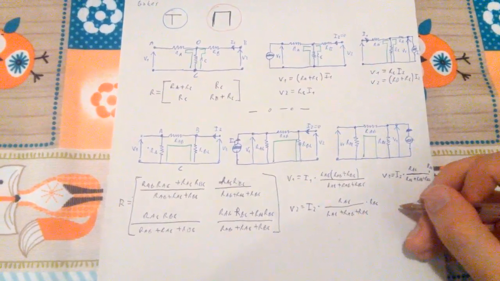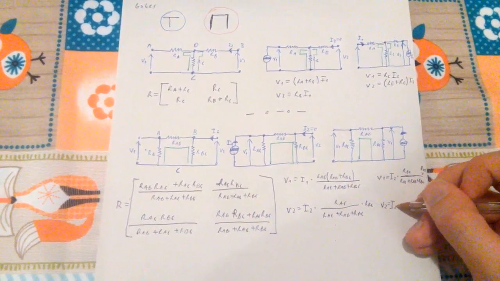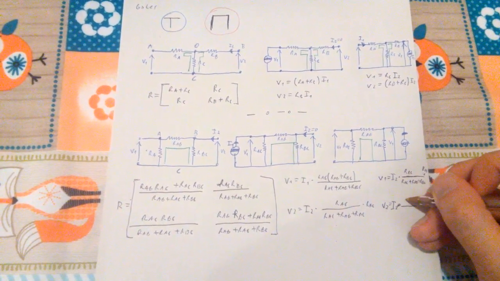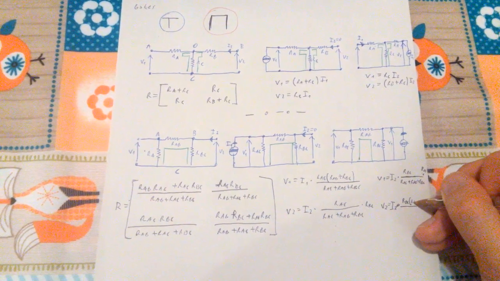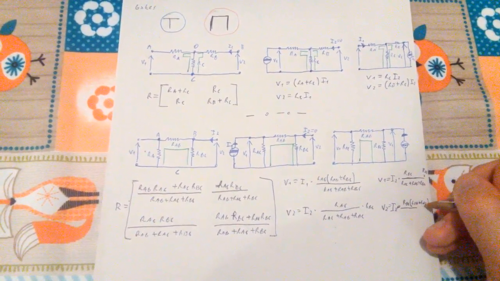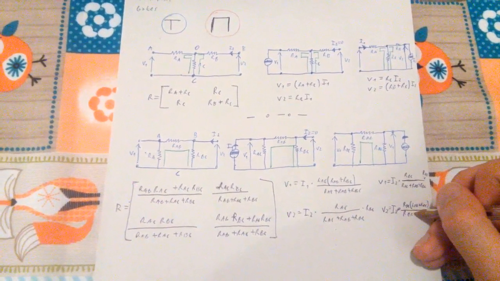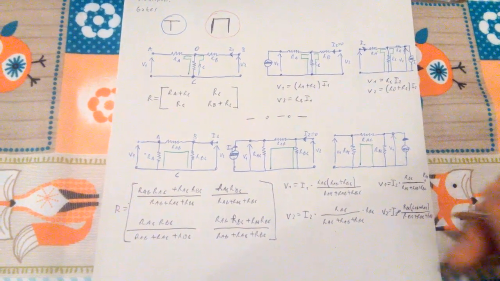Yeah, I'm really running out of space. And V2 will be I2 times RBC, RAB plus RAC, everything over RBC plus RAC plus RAB.